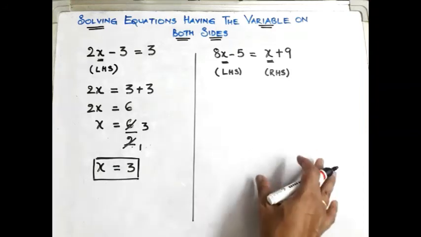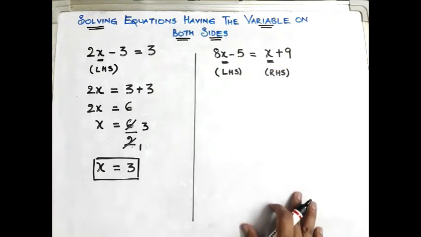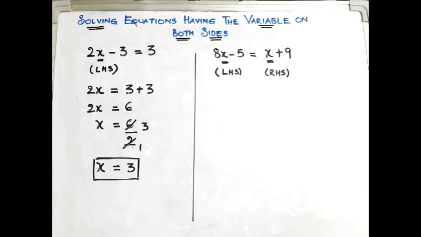Now on the other side, we have 8x minus 5 is equal to x plus 9. Here also, the transposing can be done at a time, or else if you want, first you can take the constant terms or the variables to the other side. Either way we can do.